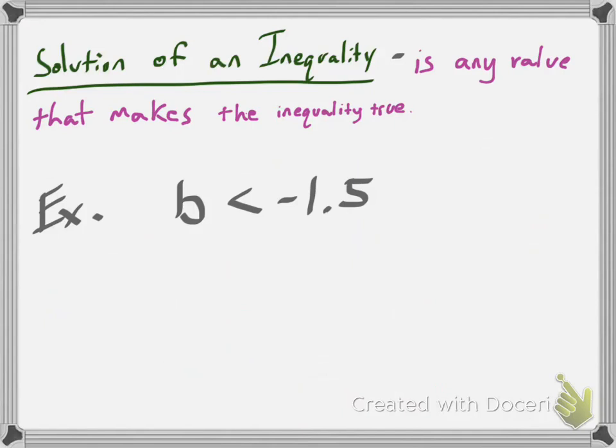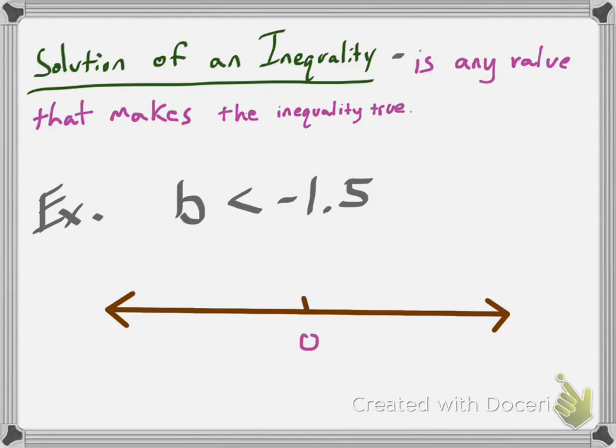So the only way we can show a solution is by drawing a graph. The first thing you're going to do is draw a line. Here's my line. It has arrows to show it goes forever. Then you're going to put little nick marks. I always put one right in the middle for 0. You don't have to do that as long as it makes sense.